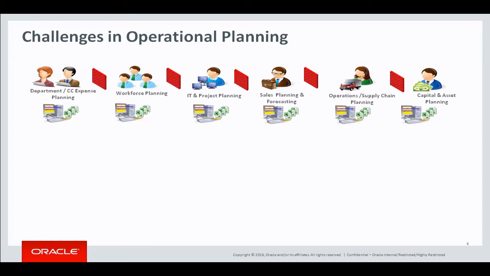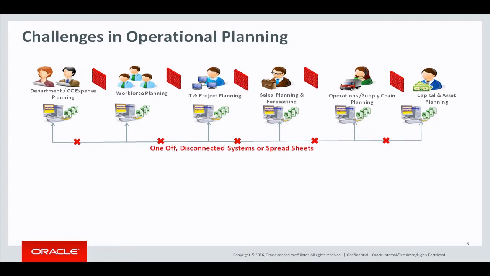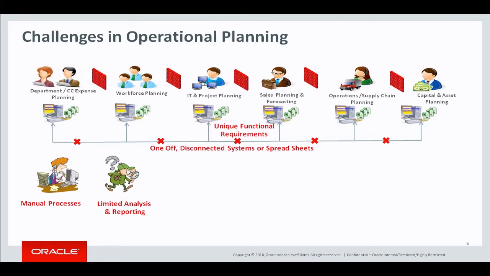Operational planning is done in standalone applications or, worse, in spreadsheets, and these are disconnected. It's a cumbersome, manual process where the focus is on data entry, collection and consolidating data from different planners, rather than fine-tuning plans based on dynamic market conditions or spending time on analysis and deriving the benefits of planning.